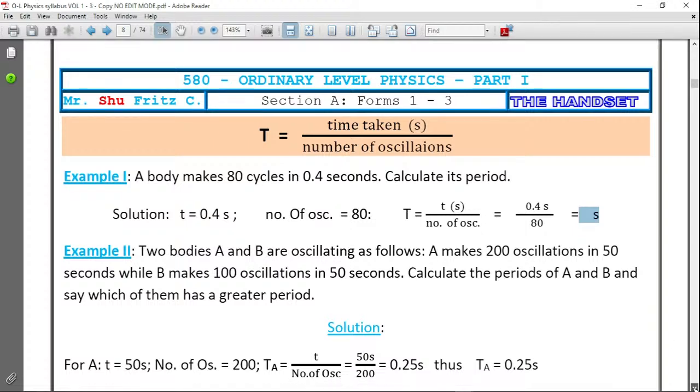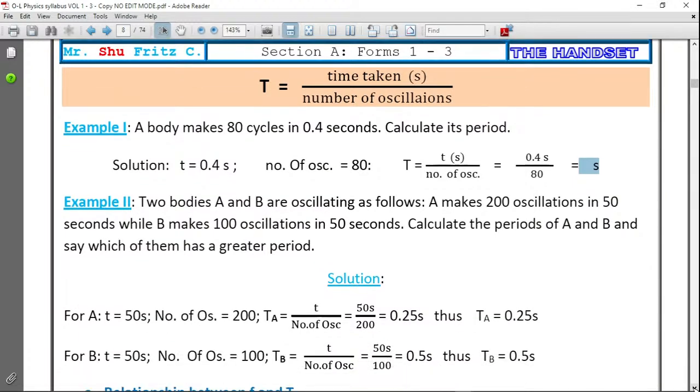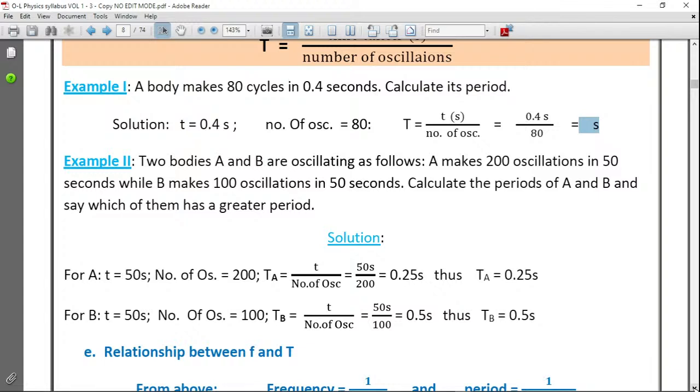So the period for A will be 50 seconds divided by 200. That gives us 0.25 seconds. And for B, the period will be 50 seconds divided by 100, and that gives us 0.5 seconds. So B has a larger period, which is 0.5 seconds.